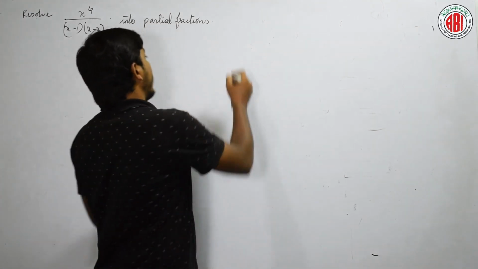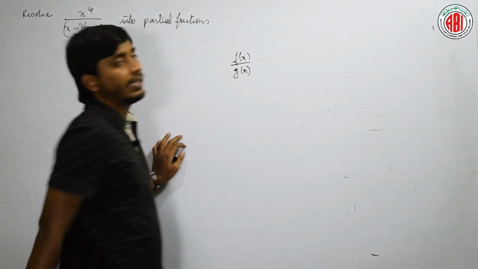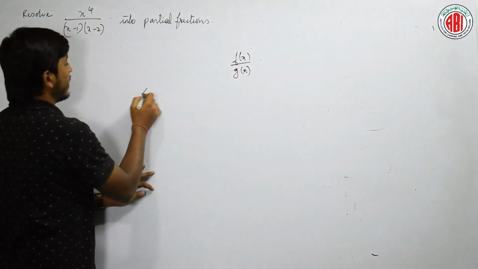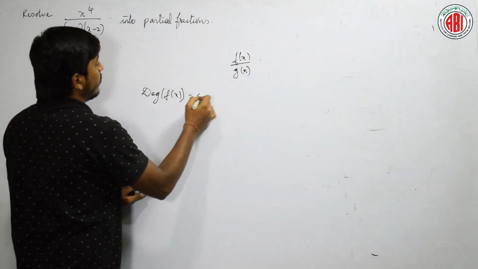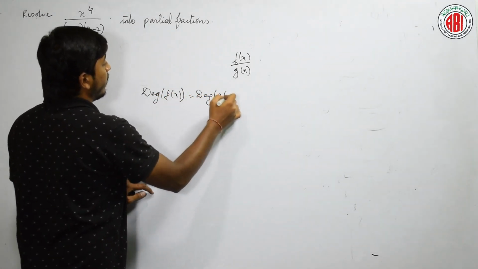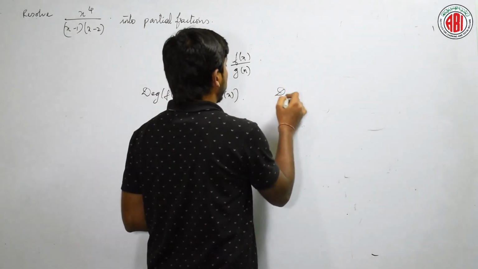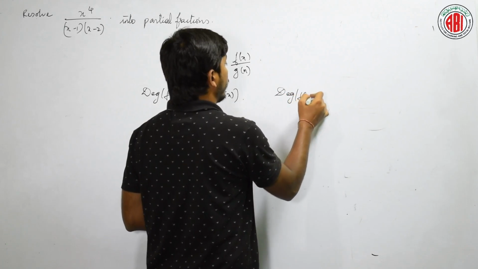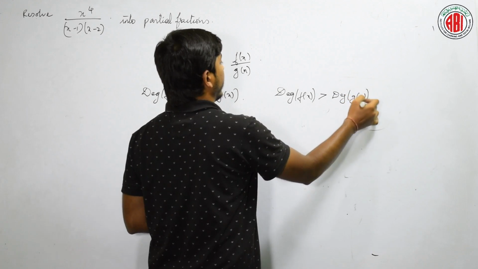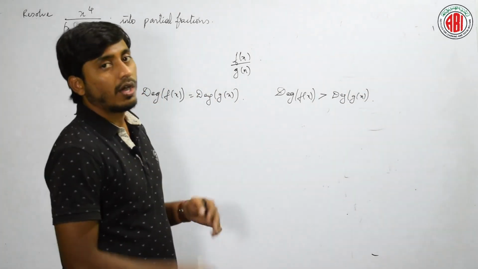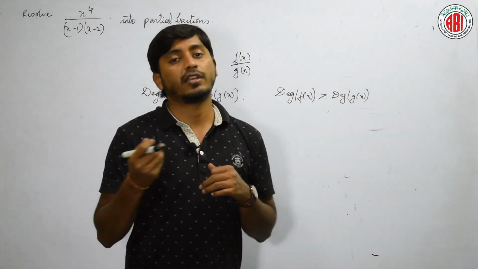Let us say f of x by g of x is a fraction, then we can have 2 cases: the degree of numerator is equal to the degree of denominator, or the degree of numerator is more than the degree of denominator. So, how do we solve it? Since it is an improper fraction, we have to convert it into a proper fraction.